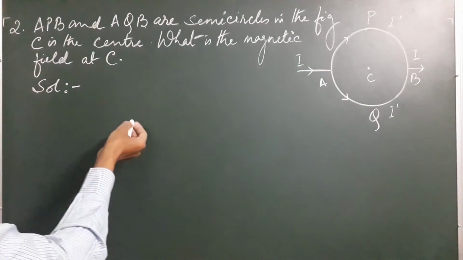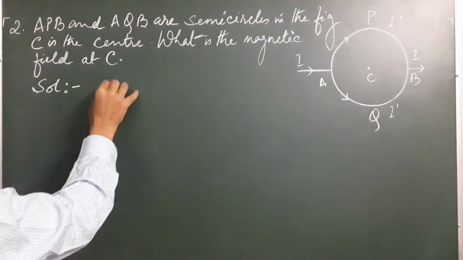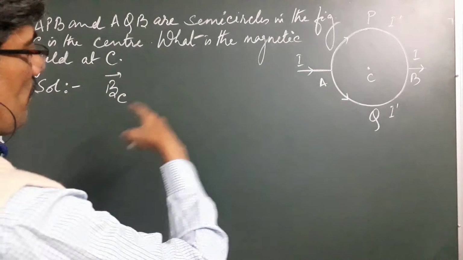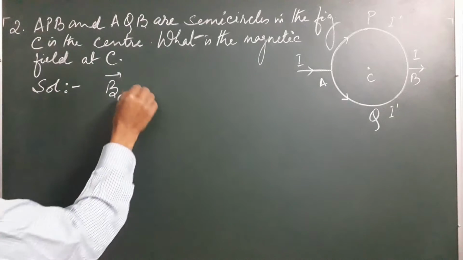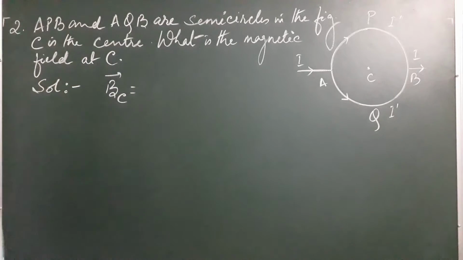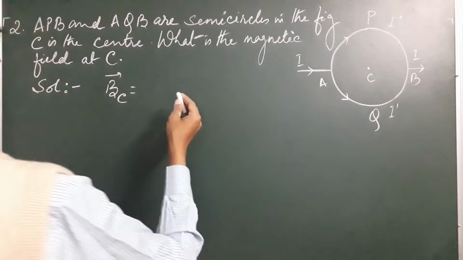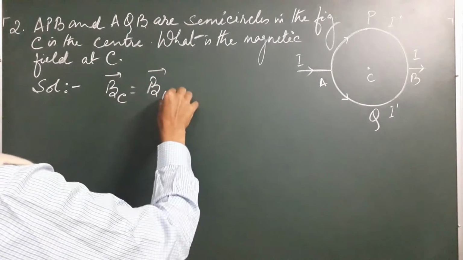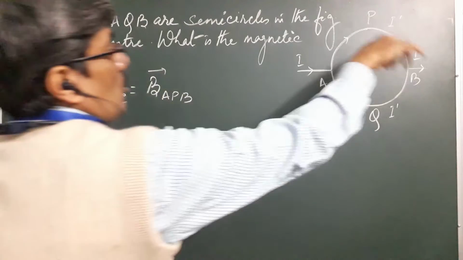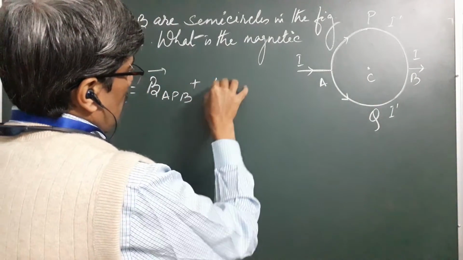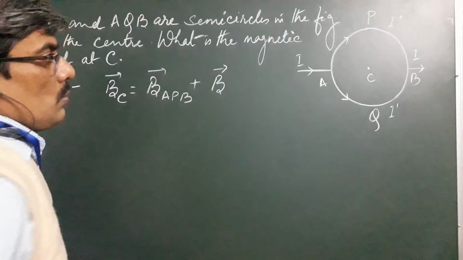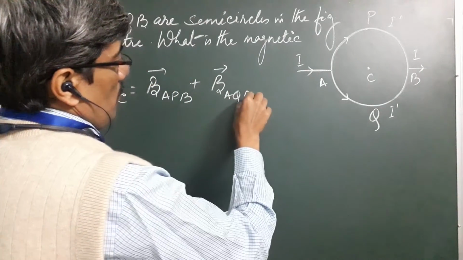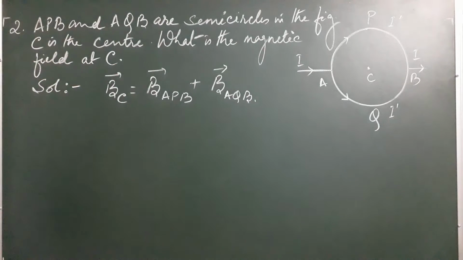So how do you write this? Let us say the magnetic field B at C, that is the center, is given by the sum of the magnetic fields due to APB, the top portion, and the magnetic field due to the bottom portion, that is AQB, right?